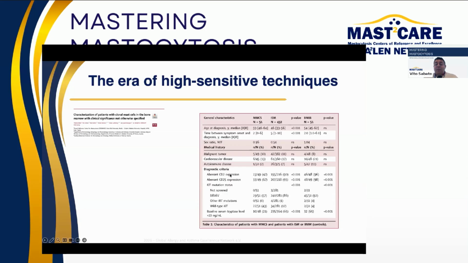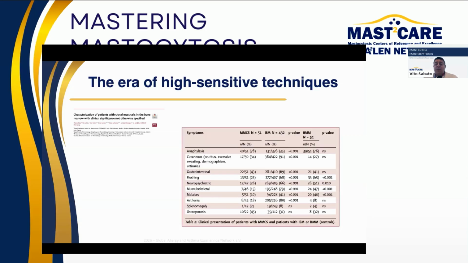But again, those are patients that show signs of clonality or some kind of aberrant marker. And you can call them whatever you want, we do not have agreement in nomenclature, but there is a reason why we should not ignore those patients: in their clinical manifestations, they behave in the same way that bone marrow mastocytosis and indolent systemic mastocytosis behave.